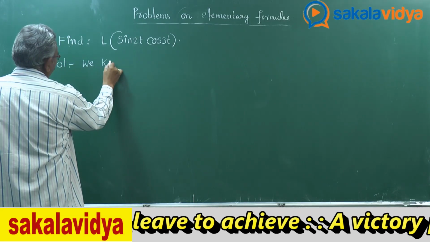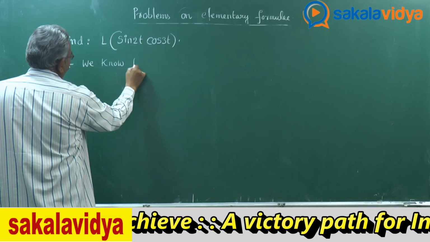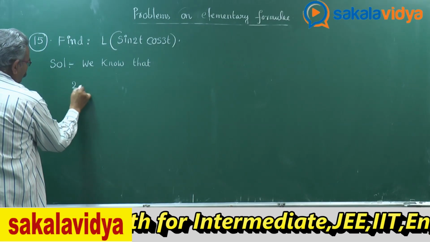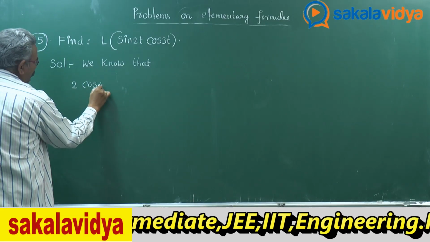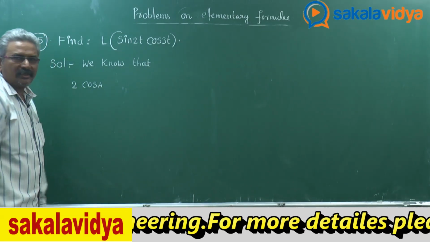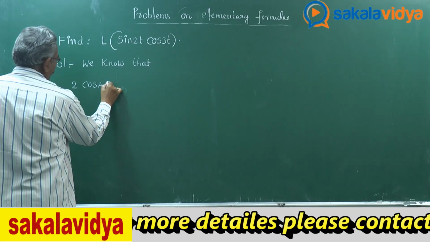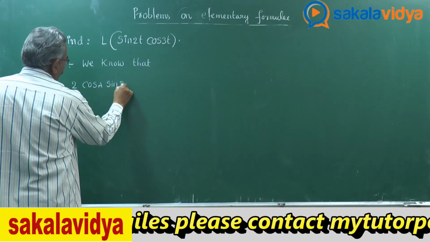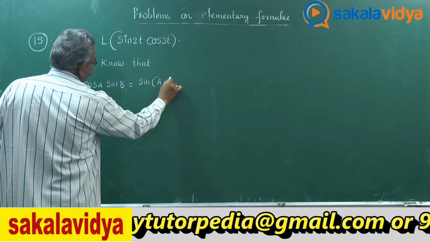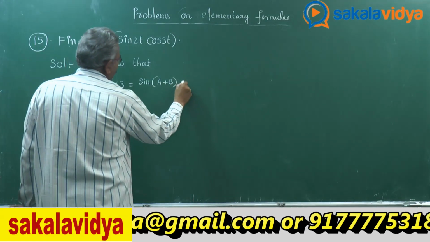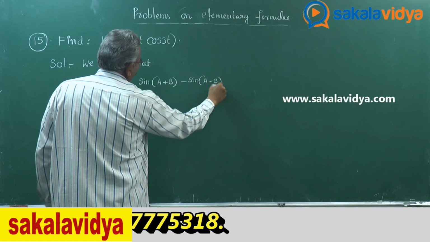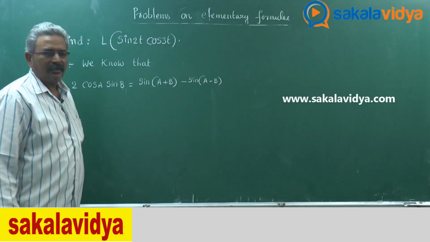We know that 2 cos A sin B, because 3t is greater than 2t, let us consider cos A and sin B, equals sin of A plus B minus sin of A minus B. You can derive it yourself and check.